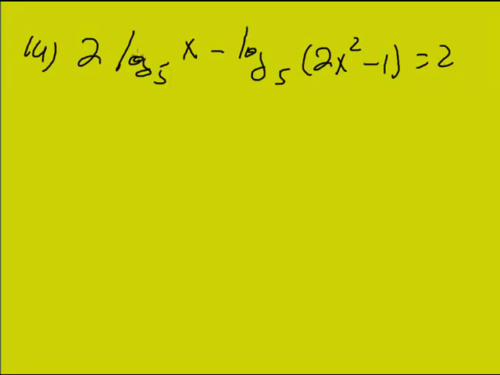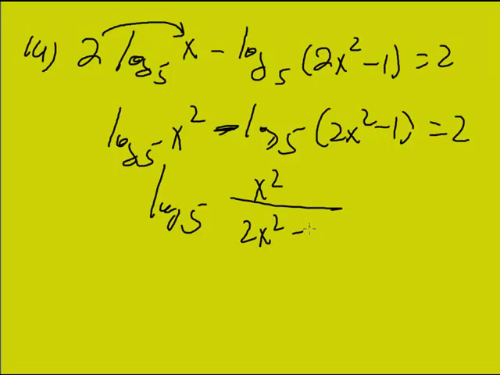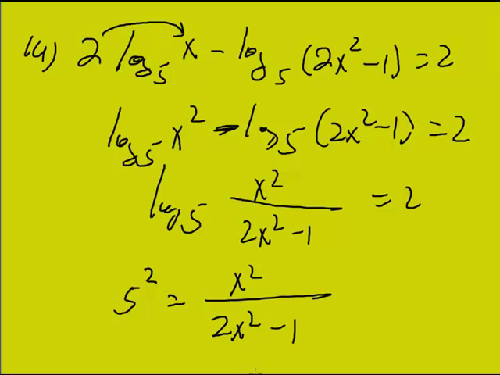This 2 is an exponent, so I have log base 5 of x squared minus log base 5 of 2x squared minus 1 is equal to 2. What does minus sign mean? Division. So log base 5 of x squared over 2x squared minus 1 is equal to 2. What's my base on this problem? 5. What's my power in this problem? 2. So 5 squared is equal to x squared over 2x squared minus 1.